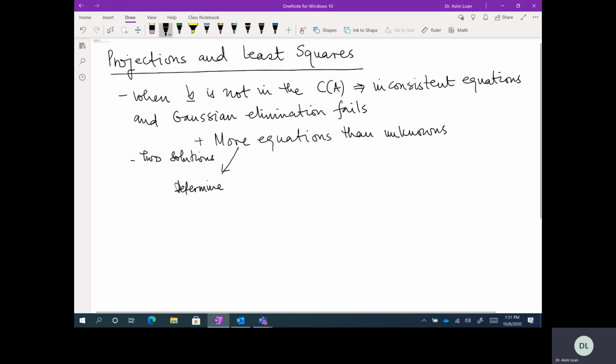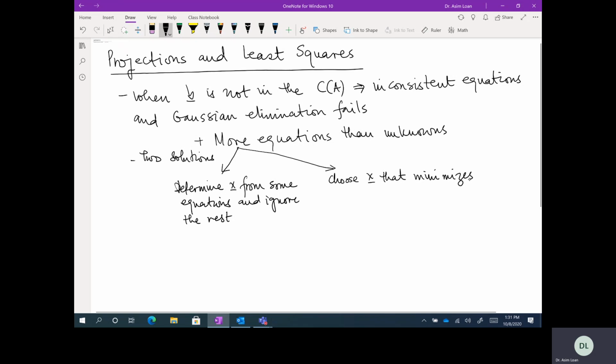Either we determine x from some equations and ignore the rest, which seems very unfair, or we choose x that minimizes an average error E in m equations.